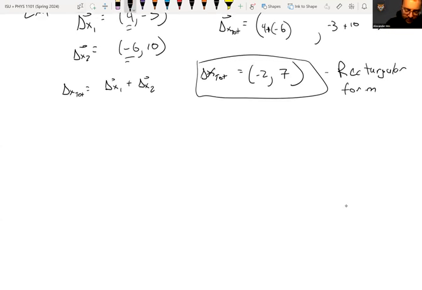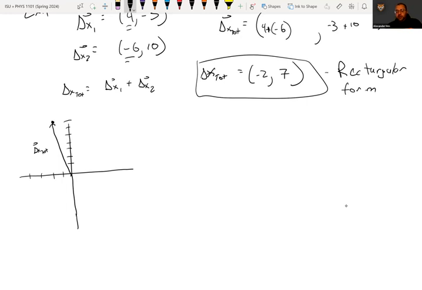So I'm going to go ahead and draw it just to indicate what's going on here. Now, we would have 1, 2, 3, 4, 1, 2, 3, 4, 5, 6, 7. So we'd go -2 in the x and 7 in the y. So it would look something like this. Okay, so that would be delta x total right there.